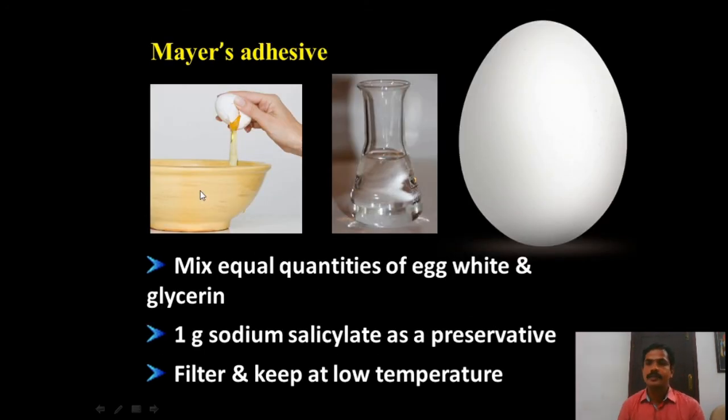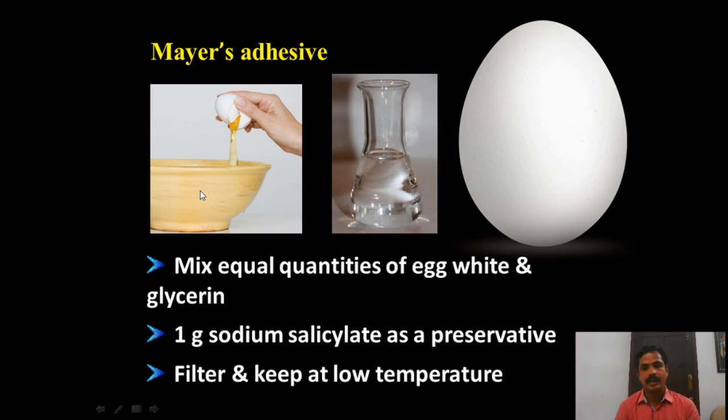And the second one is Mayer's adhesive. It is also very easy to prepare, and this is prepared by mixing equal quantities of egg white and glycerin. As a preservative, 1 gram of sodium salicylate is added.